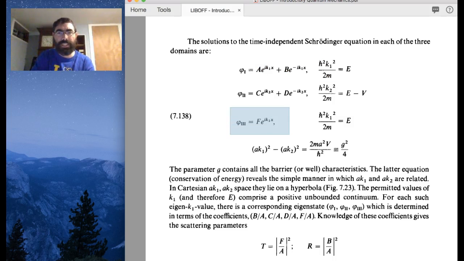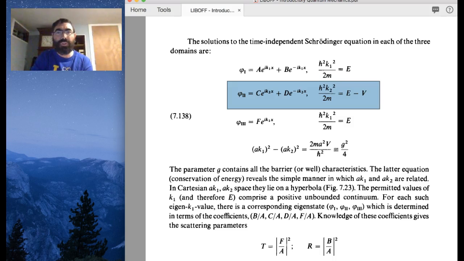In region 3, you also have a traveling wave, and we only consider the one that's transmitted through, not a traveling wave going into the barrier to the left, but it has the same wave number, k1. And then in region 2, you again have traveling waves because the energy is greater than the potential barrier, but now the wave number is k2, which you can calculate from the difference of the total energy and the size of the potential barrier.